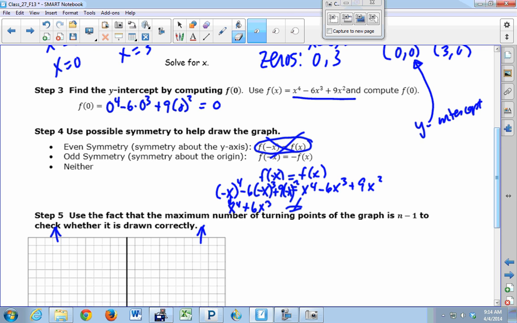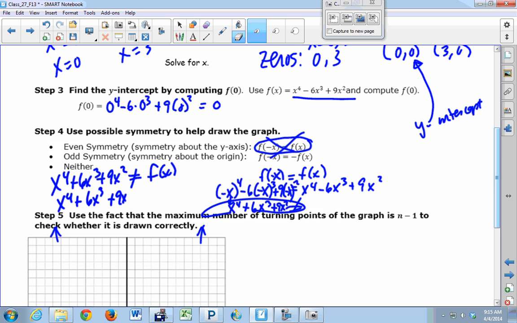Is it odd? To check if it's odd, f of negative x has to be the opposite of f of x. Well, let's finish f of negative x here, because we have to use that for both. So here's f of negative x: x to the 4th plus 6x cubed plus 9x squared. We said that does not equal f of x. So the question now is, does this equal the opposite of f of x?